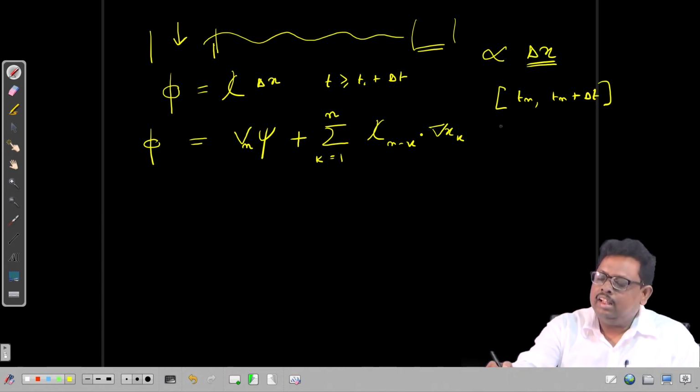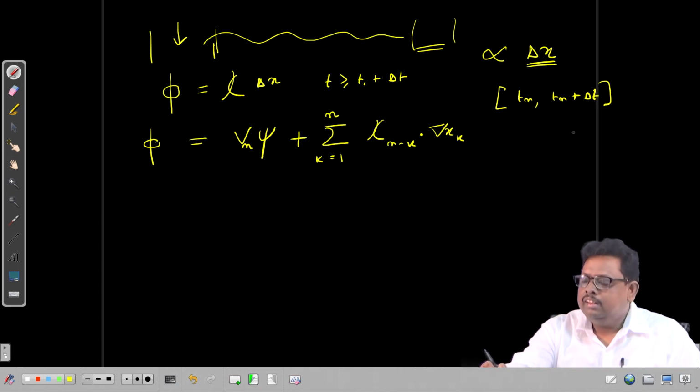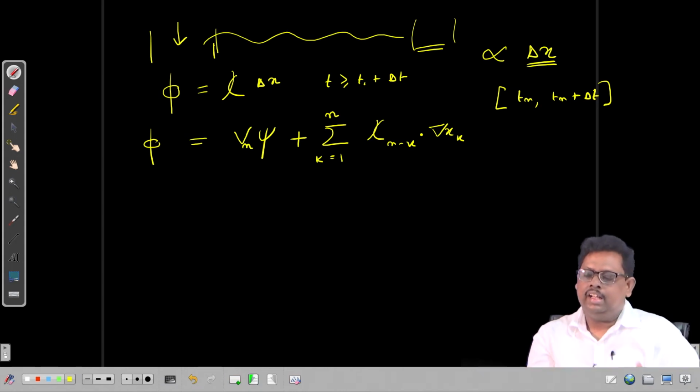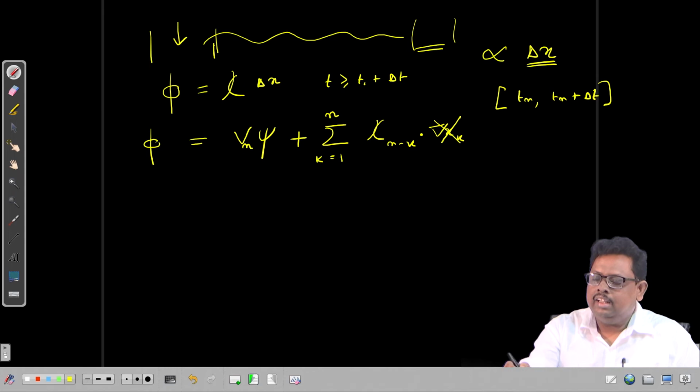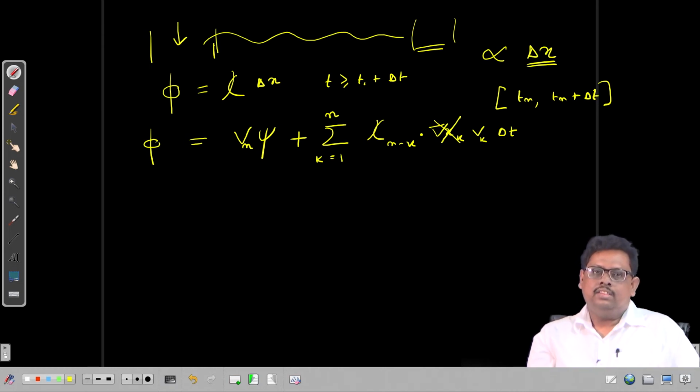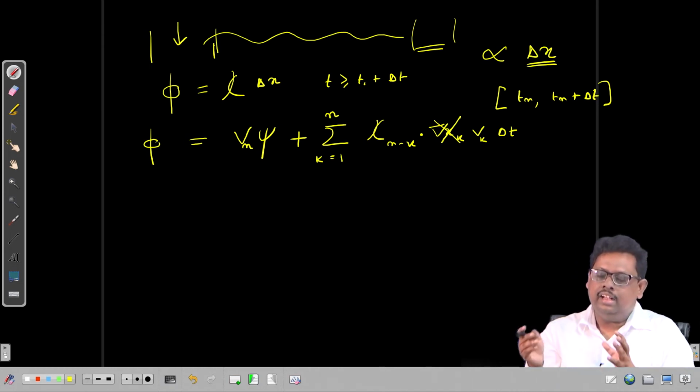Now I know that displacement equals velocity multiplied by the time. So, I can change this into some velocity v k and also the delta t. So this is how I can write it.